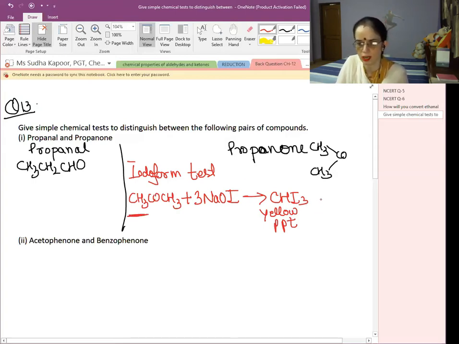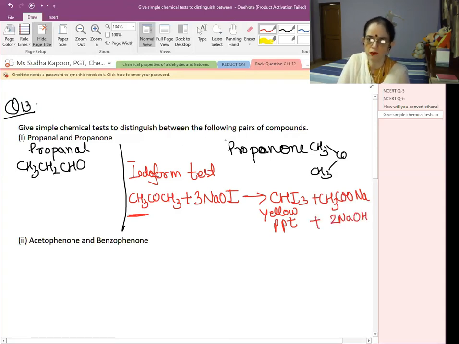CHI3 in the form of the yellow PPT, along with the remaining part as the carboxylate ion, sodium carboxylate, and the formation of NaOH. So the iodoform test is given by propanone but not by propanal. So it is a very simple distinguishing test and the color can easily be identified.